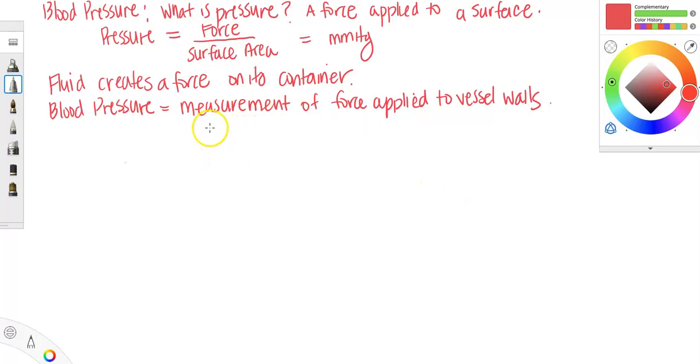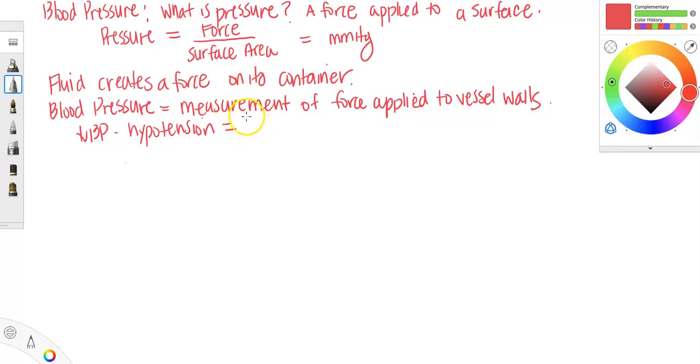So as far as terminology goes, blood pressure is the measure of force applied to vessel walls. So that's basically the pressure of your blood against the vessels in your body. If you have decreased blood pressure, you have what we call hypotension.